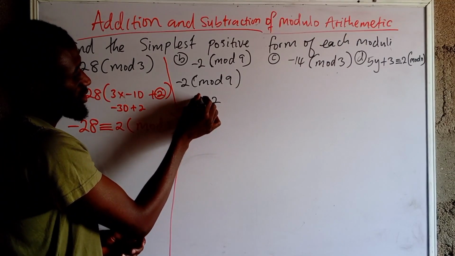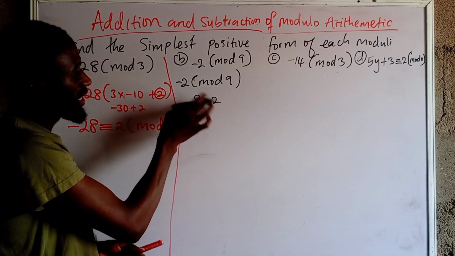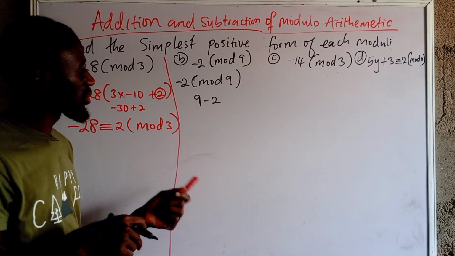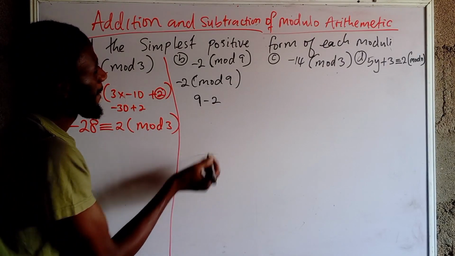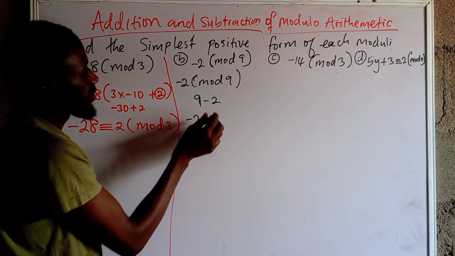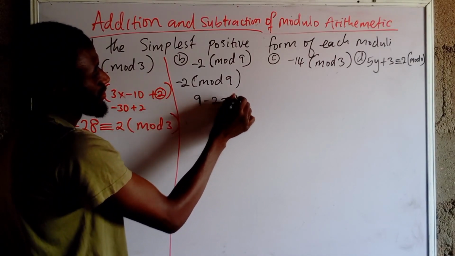If you remember in making our table, if a number x has a minus, we have to subtract from the modulo. When subtracting, 9 minus 2 gives 7.